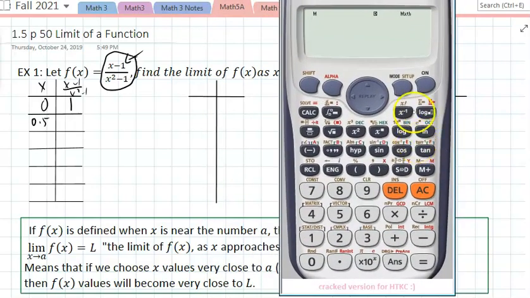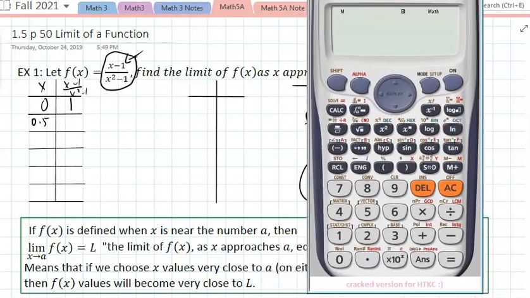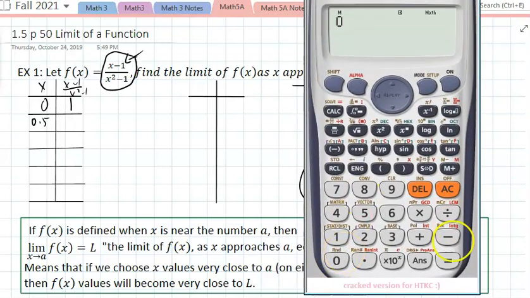the first value you're evaluating is 0, enter. Now what the calculator did, it stored in Answer a 0. Now, instead of inputting the function over and over, wherever you see an x, you use Answer, divided by the Answer squared minus 1.